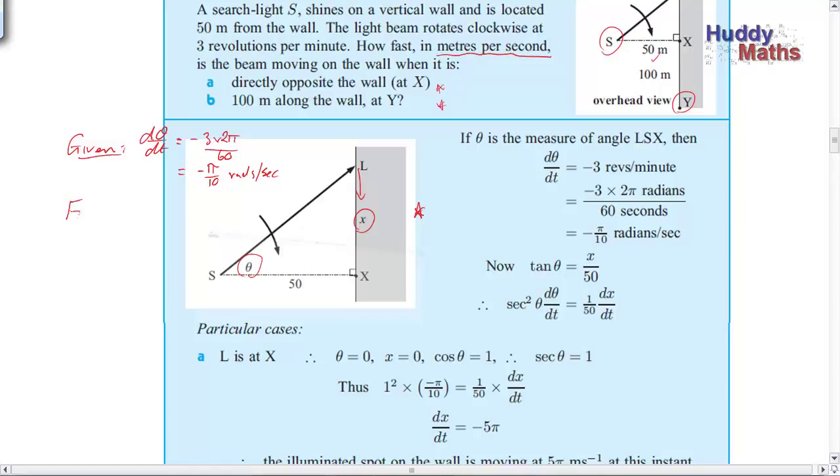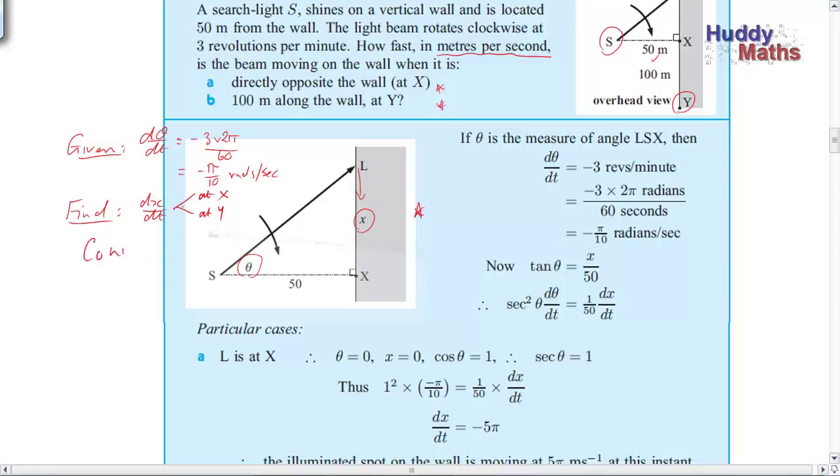So we have to find how quickly it's moving across the wall, dx by dt at 2 points. Just to put this differently, dx by dt at x and also at y. They have two particular cases here we want to work with.